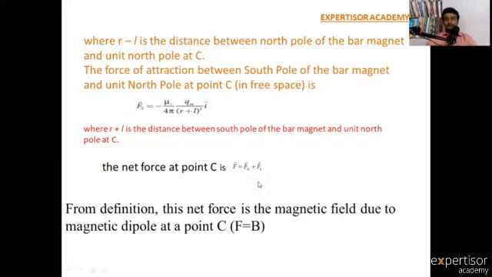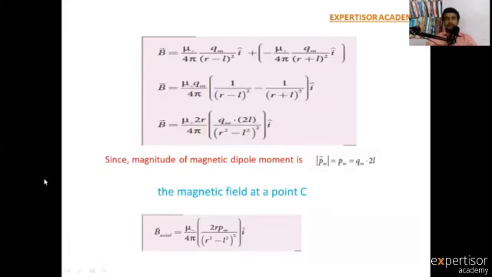After that, the net force at point C, from the definition, is the magnetic field due to the magnetic dipole at point C. That means F is equal to B. So B bar is equal to mu naught by 4 pi into Qm divided by r minus L whole squared into i cap, plus minus mu naught by 4 pi into Qm divided by r plus L whole squared into i cap.